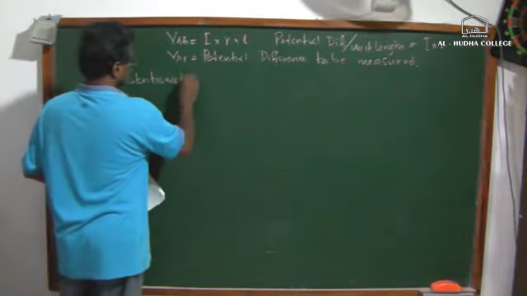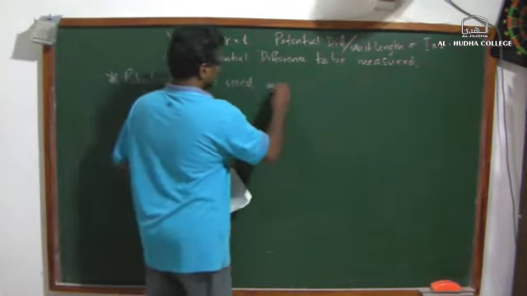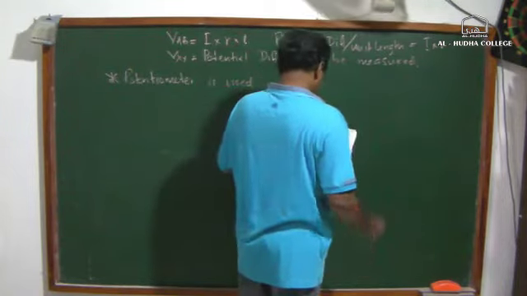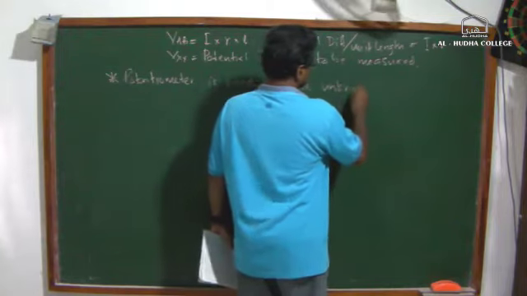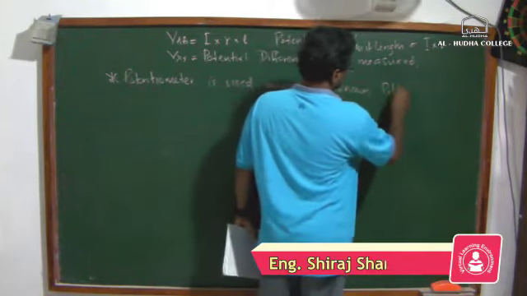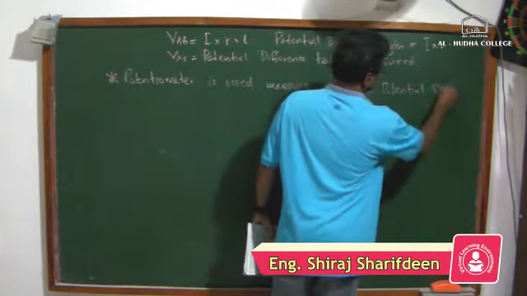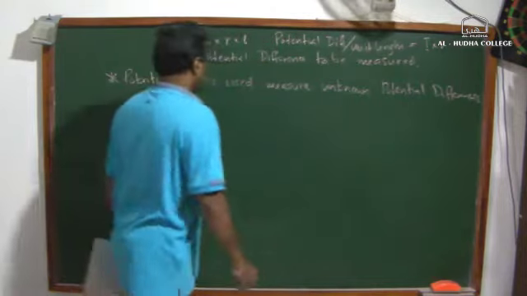The potentiometer is used to measure unknown potential differences accurately.